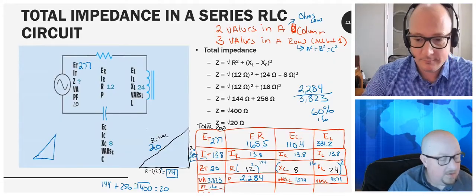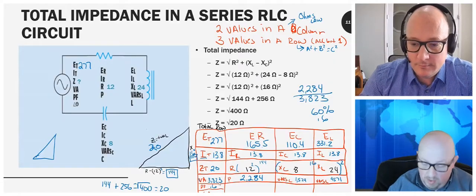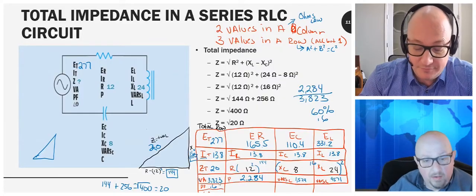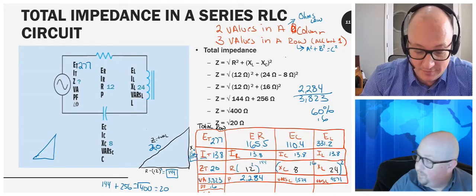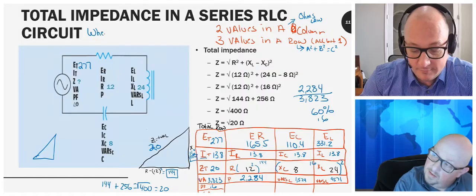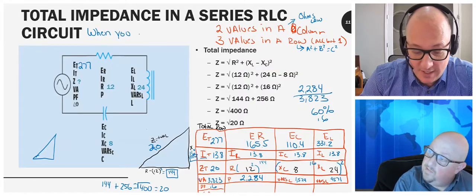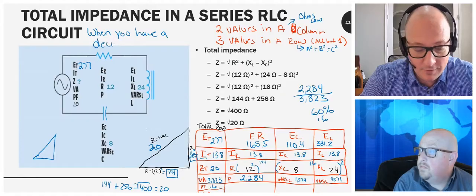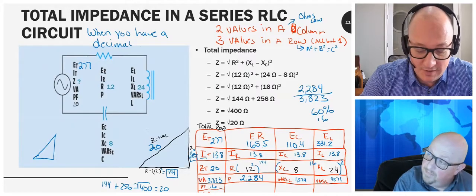So do I do cosine or cosine minus 1 to figure out my angle theta? Anytime you have a decimal, you want to use the inverse trigonometric function. So I'm going to hit second, or arc, and then I should have cosine to the -1, the inverse cosine.